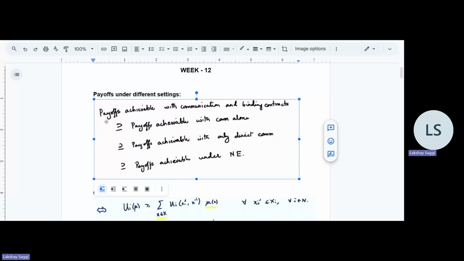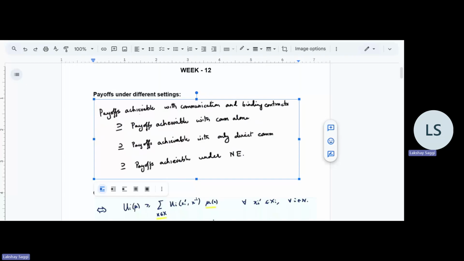And as we said, the payoffs achievable with communication and binding contracts are a superset of even this. Binding contracts are a very powerful model, where we can be sure that if the agents have signed the contract, then they will be playing a certain way.